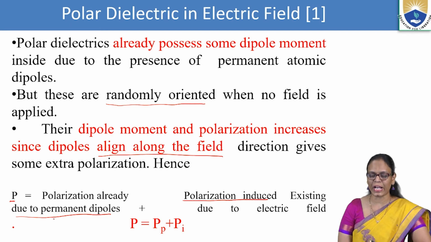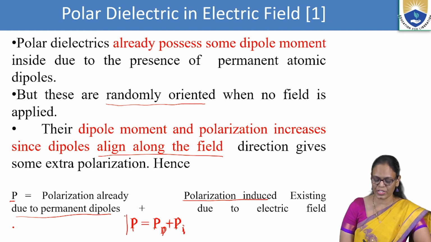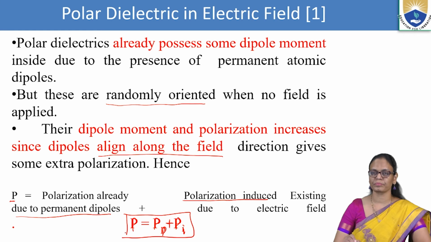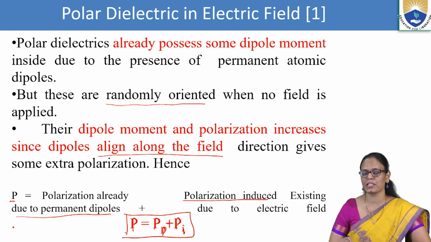So how we can write the formula is, the total polarization P will be equal to the polarization due to the permanent dipoles plus the polarization due to induced dipoles. So P is equal to PP plus PI. So this is the formula for total polarization when we are placing a polar molecule in an electric field.